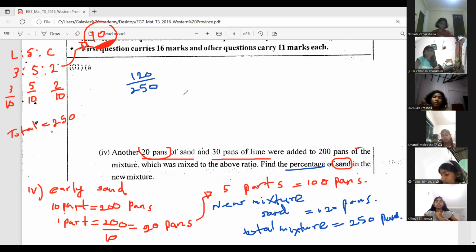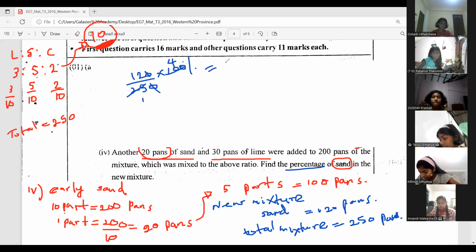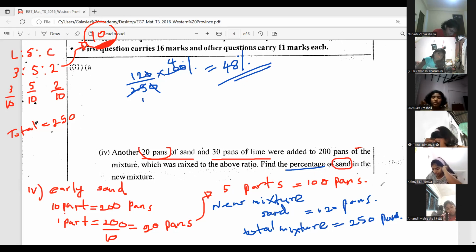We have to convert into percentage, so multiply by 100%. Then simplify: cancel the zeros, and 25 and 100 can be divided by 25, giving 1 and 4. 4 multiply 12. What is the answer? 48%. So the new mixture contains 48% sand.